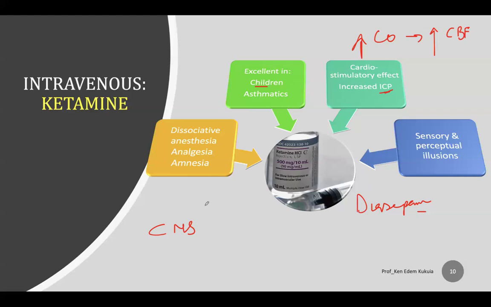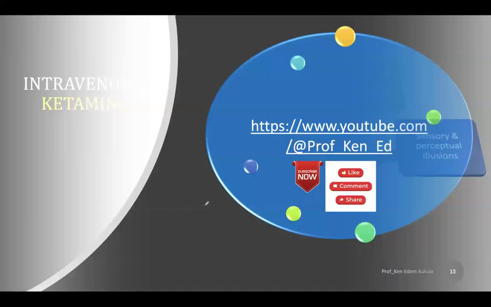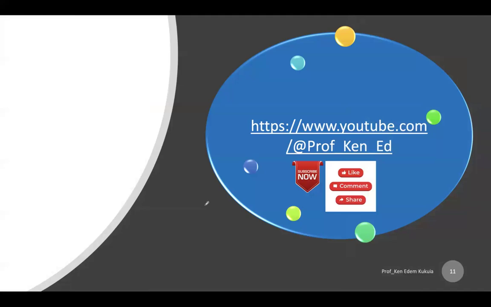Some could open up potassium channels to allow efflux of potassium. Some could also work on glutamate receptors to block the action of glutamate. And so there are varied mechanisms they use to be able to induce that level of CNS depression leading to the anesthesia. This is all the time would allow us for now.